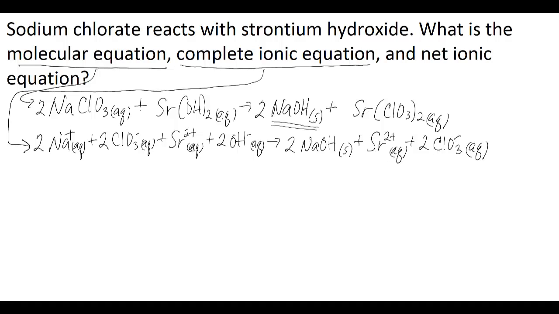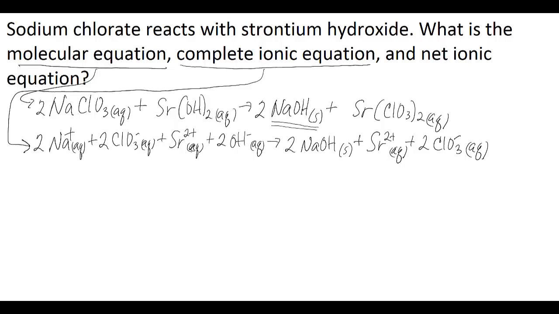So why would you want to do this? It seems to be making that molecular equation more complicated. Well, the reason is because the complete ionic equation is actually more representative of what you have in a solution. So in the solution that contains the sodium chlorate and the sodium hydroxide, what you have are really lots of cations and anions floating around in solution, interacting with the partial negative and positive ends of a water molecule if you're dealing with an aqueous solution.